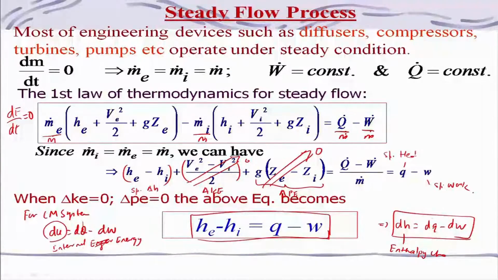Of course, this is for unit mass, and this also you can write as for unit mass du is equal to dq minus dw.